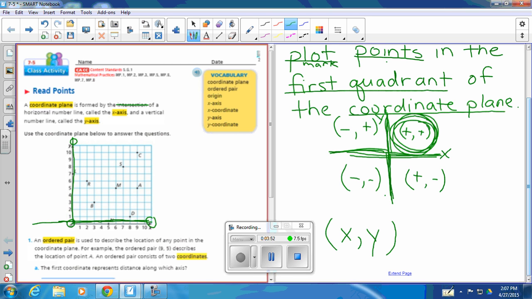We always find that number first. And then we go up or down depending on if it's a positive or negative number. In this case, it's always going to be positive. So we're going to have a positive, and then we're going to go up a positive number as well. Okay. So this is an ordered pair. Notice there's 2, makes it a pair. Each one is called a coordinate. So there are 2 coordinates in every ordered pair.